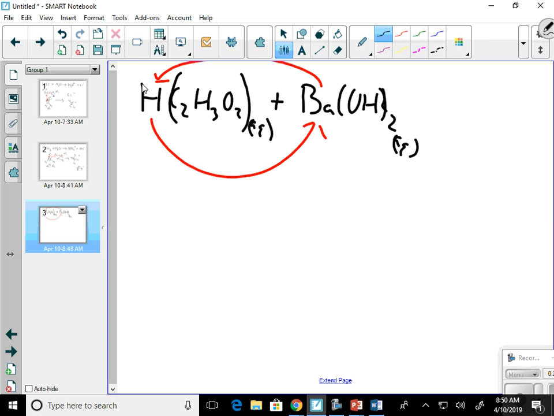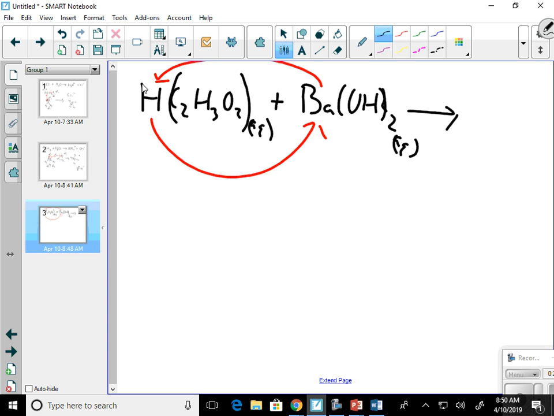I'm sorry I'm running out of room a little bit, so I'm going to write my products kind of below. Barium is now going to match up with the acetate polyatomic ion. However, just like in last unit, when you make the switch, you have to rebalance formulas.